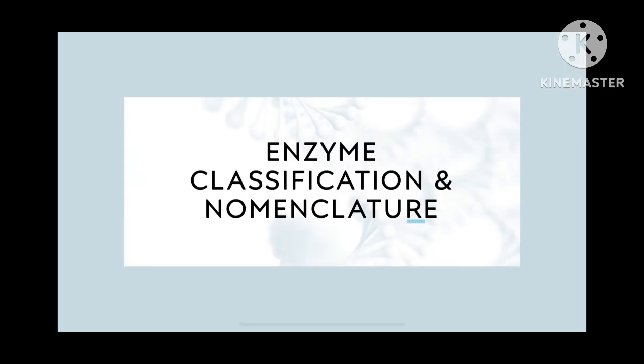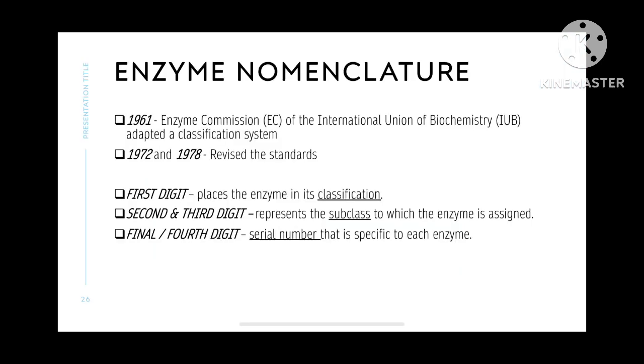Let's now proceed to enzyme classification and nomenclature. To standardize enzyme nomenclature, class, the Enzyme Commission of the International Union of Biochemistry adopted a classification system in 1961. The standards were revised in 1972 and 1978.